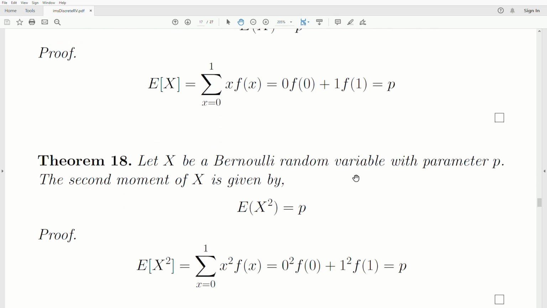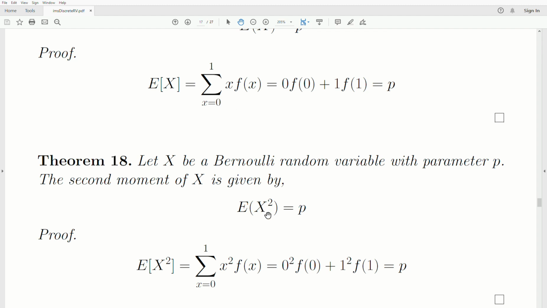Let x be a Bernoulli random variable with parameter p, theorem 18 in chapter 2. The second moment of x is given by p. And the more you do this kind of stuff, you instantly know that it's p, because since x is a 0, 1 random variable, when you square each of those values, you get it back.